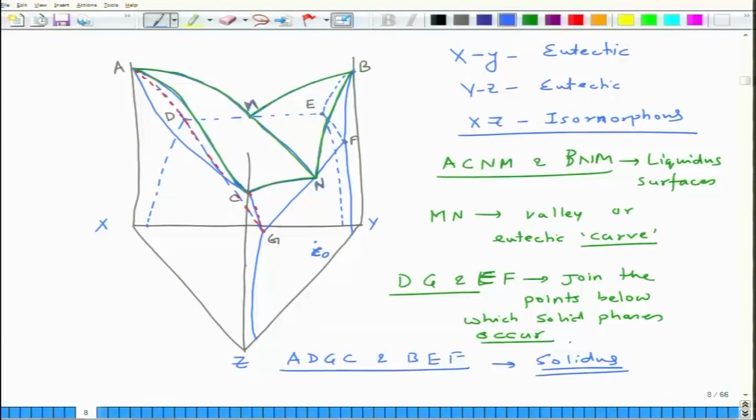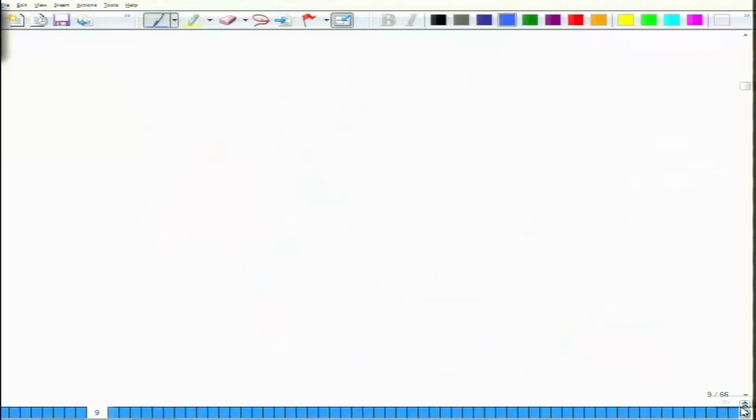For example, this would be the solvus, and if you plot D prime and G prime, D prime G prime would be the solvus which separates the solids from each other. That is how we describe a ternary phase diagram consisting of these two eutectic regions.